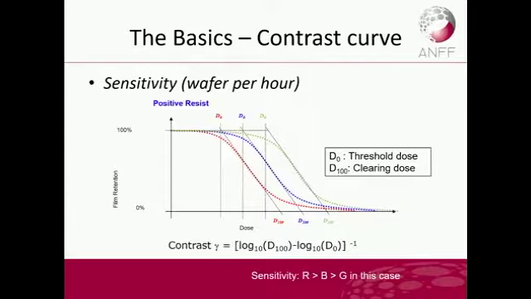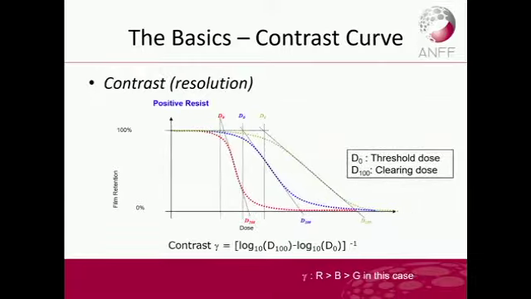Here we have 3 resists, each one with a different plot. The red one, of course, has a higher sensitivity. The blue one has the medium sensitivity. The green one has the worst sensitivity. But a higher sensitivity doesn't really mean it's going to be the best resist you choose because you still have the RLS trade-offs to think about.